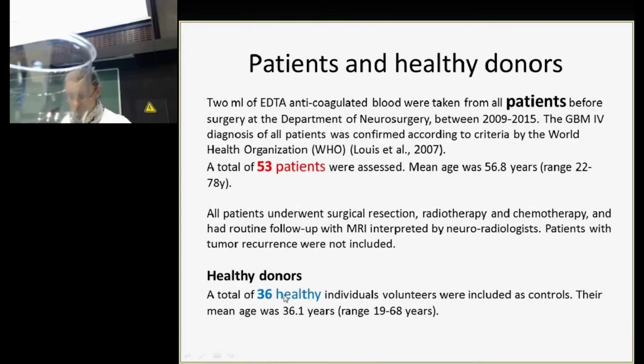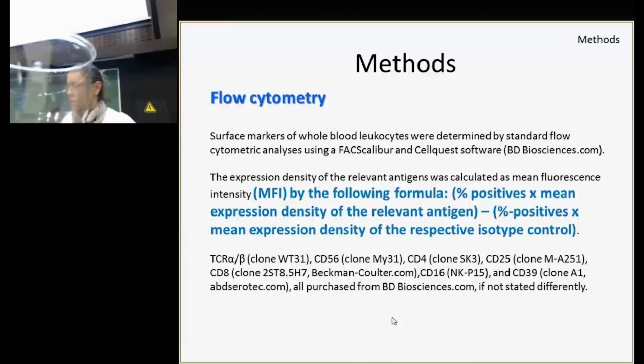We compared the immune phenotypes with 36 donors, which has quite some bias because some of these donors were younger than the patients, but it's hard to find healthy older individuals, at least in a hospital where we are, which is a surgical hospital, and you always need ethical approval.